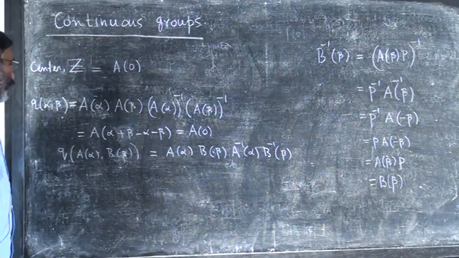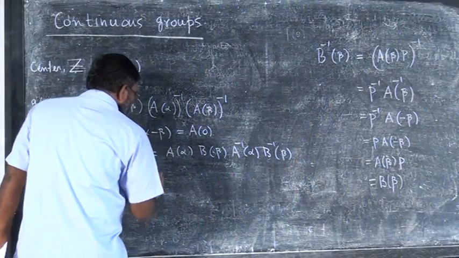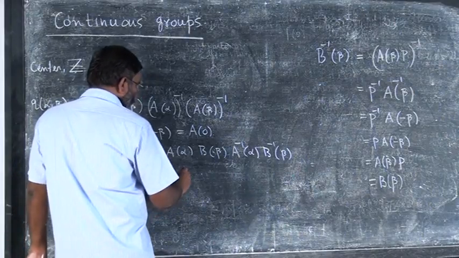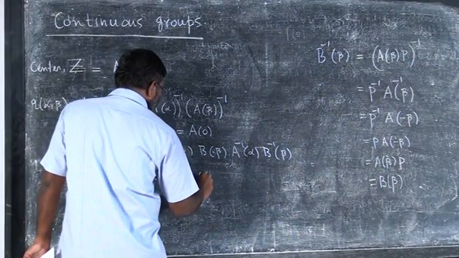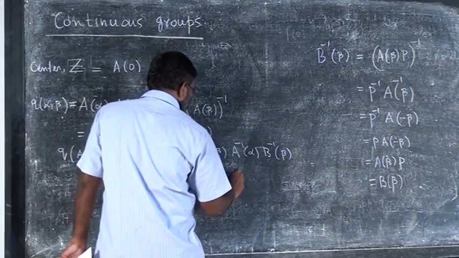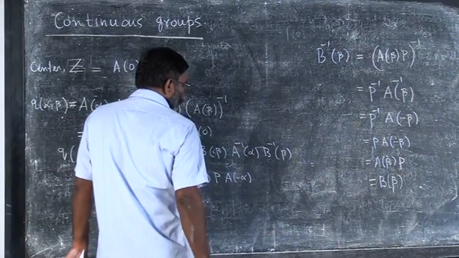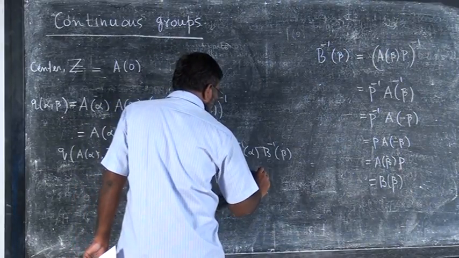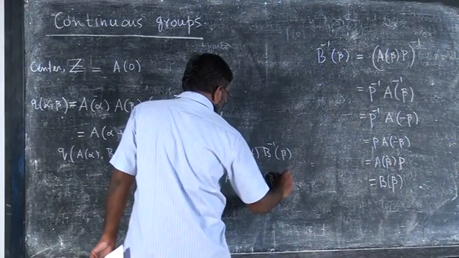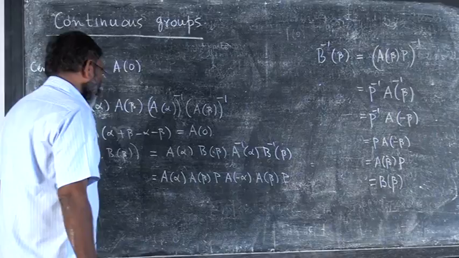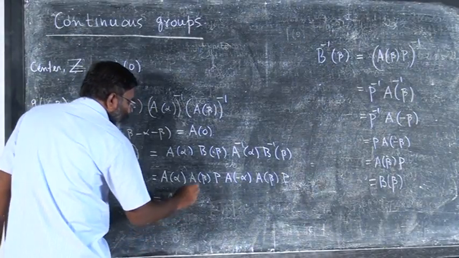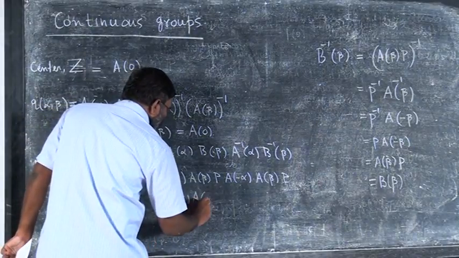Okay. Now you can ask what is this. So A alpha into A alpha, A beta of P, A beta P. This is A minus alpha, and this is B beta, which I will write as A beta into P. So this is equal to A alpha, A beta.